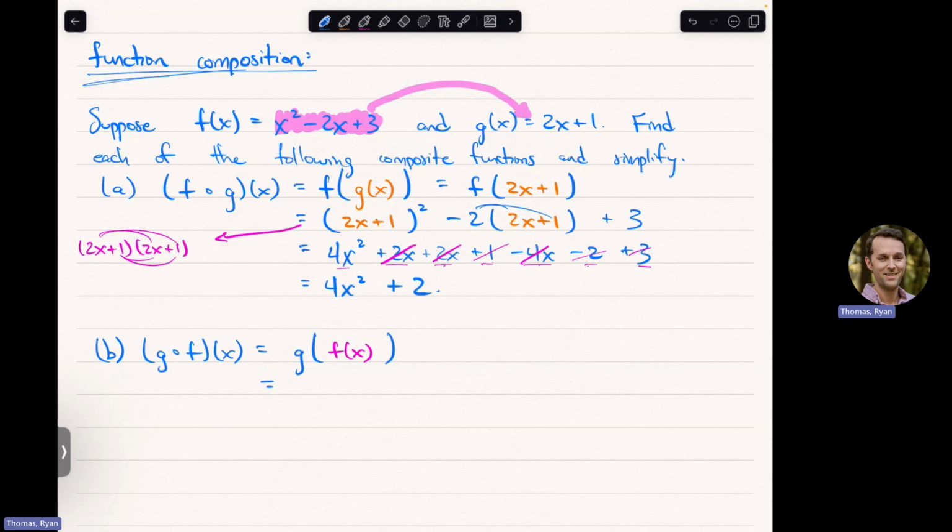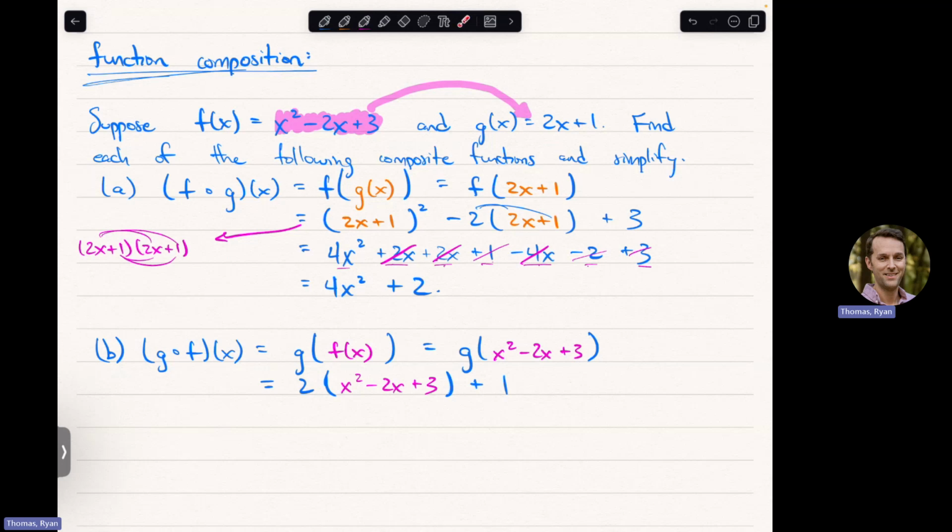Okay, here we go. So g of f of x, or g of, that's not going to be enough room, silly goose, x squared minus 2x plus 3. So a thing that looks like g, but in place of x, I put f.